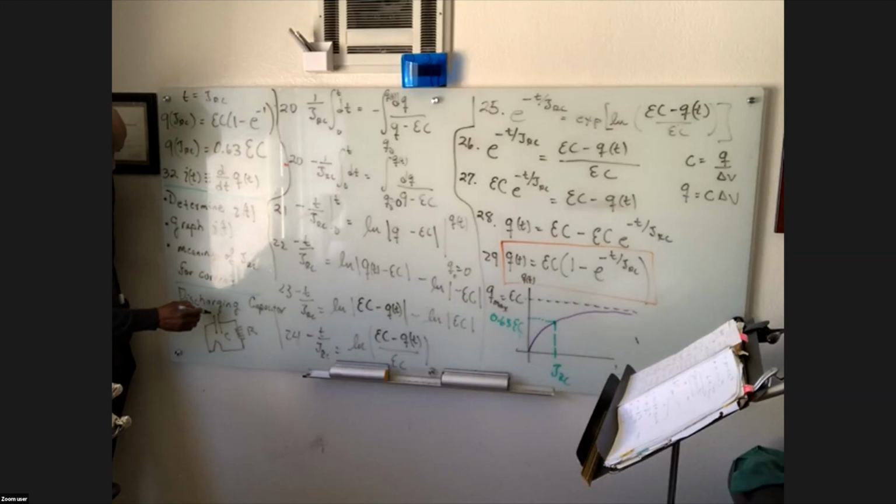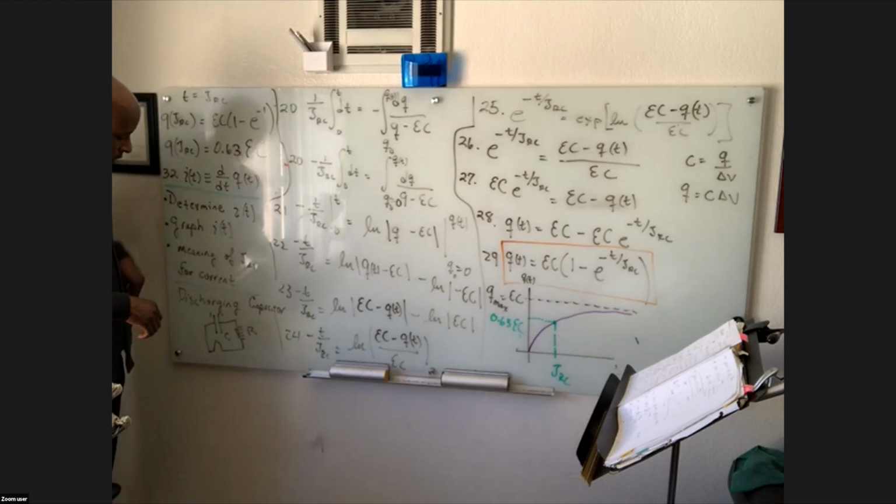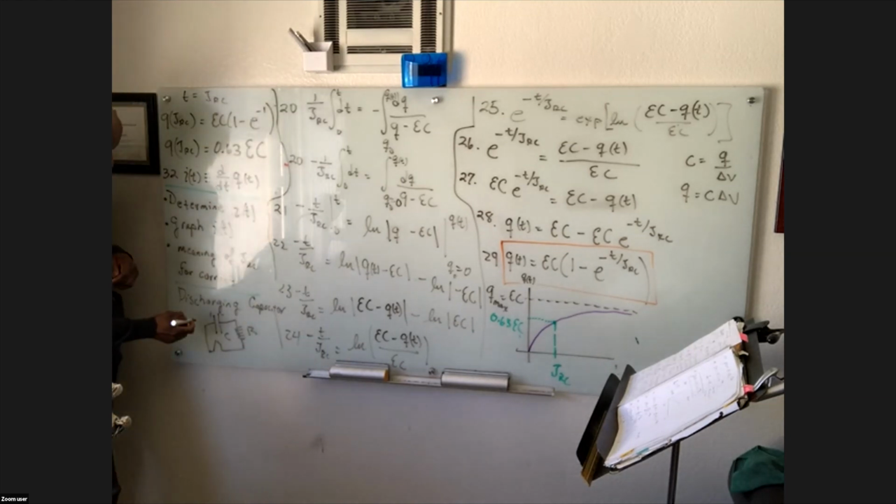So if this were the positive lead and this were the negative, which is what it was in our original circuit, then once I close that switch, the current will flow in the clockwise direction, the opposite of what it was before.